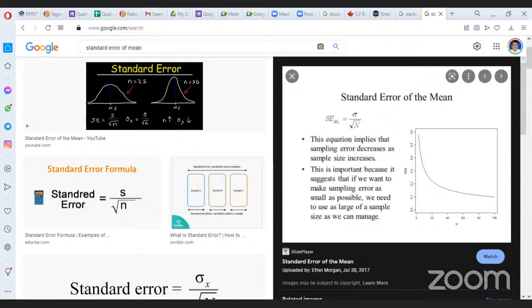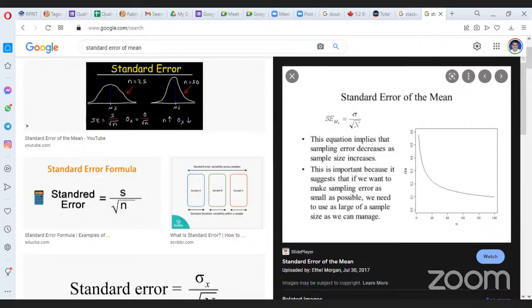The formula is written here: standard error of mean equals standard deviation divided by the root of your sample size. The x-axis is the sample size, and the y-axis is standard error of mean.